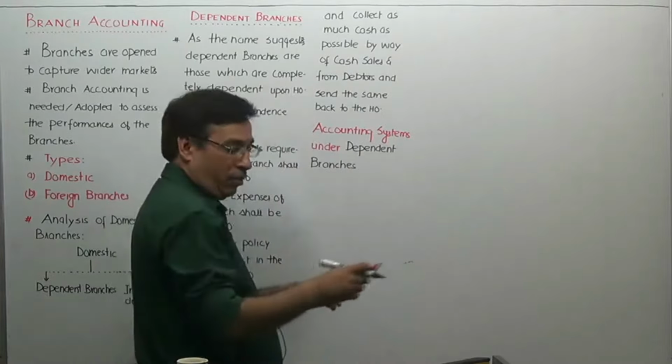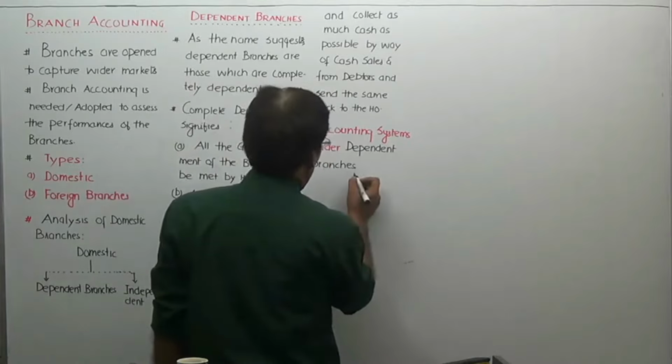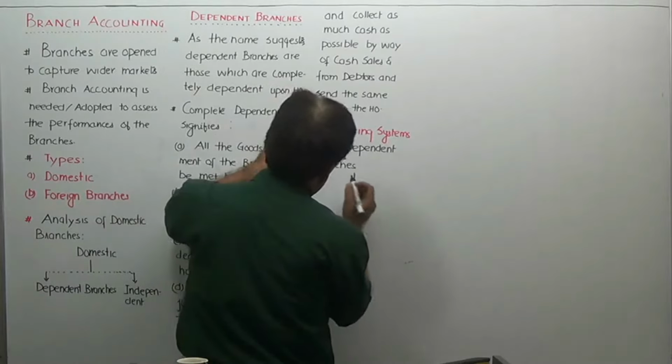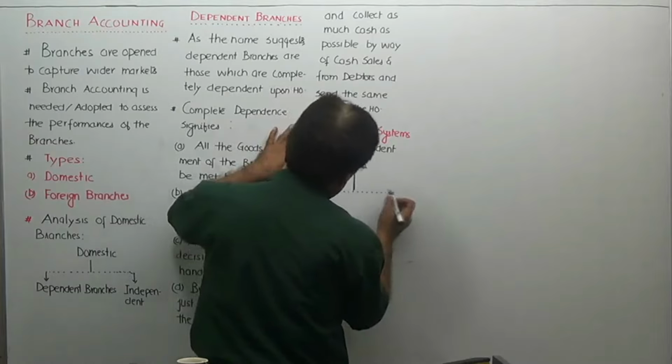As I have already told you, under dependent branches we would find the following accounting systems.